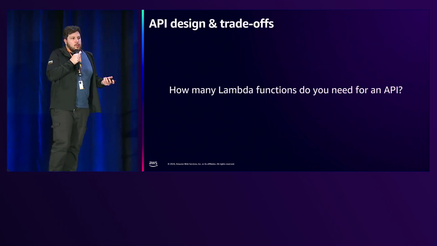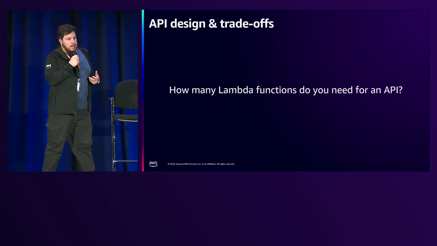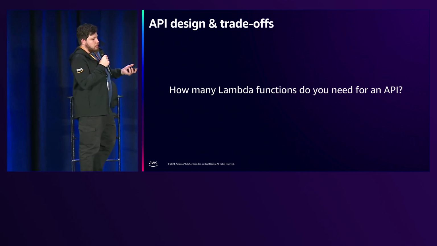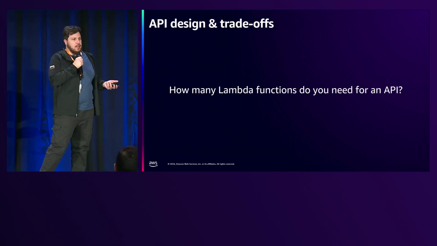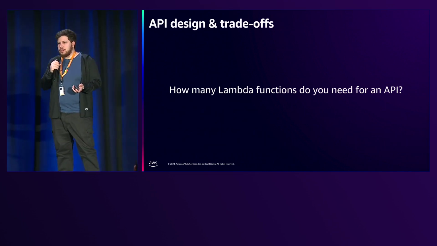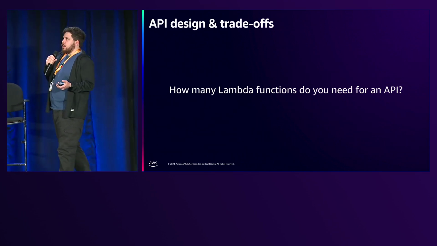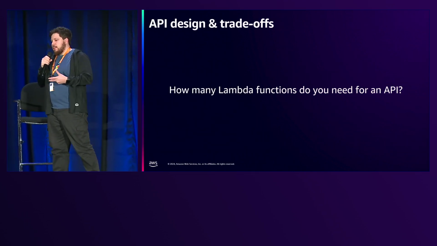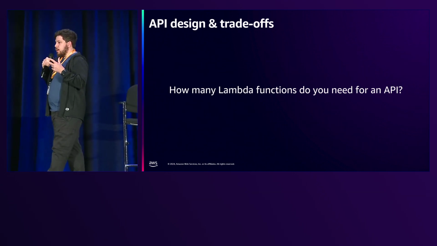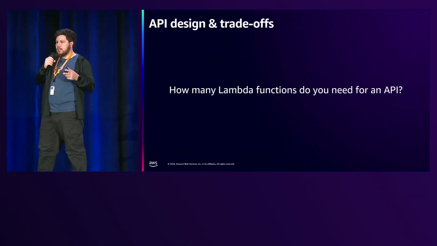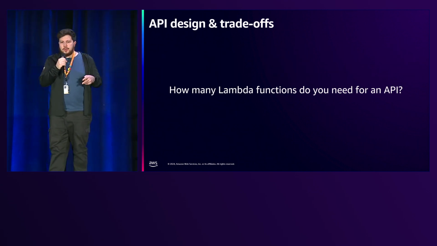A common question that I get, but I bet a lot of solutions architects at AWS get, is how many functions do I need for my workload? Historically, I want to say that our prescriptive guidance tries to go into you need a single purpose function. You need a function that does one thing and does it well.